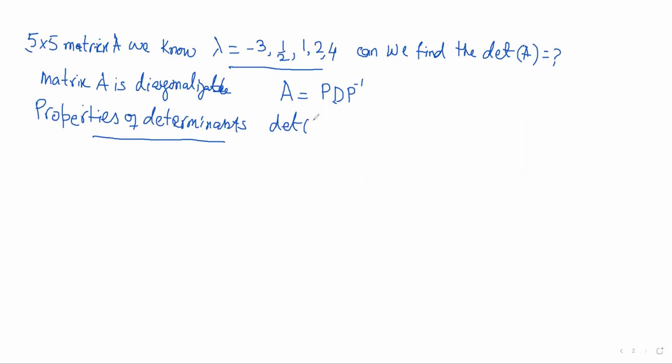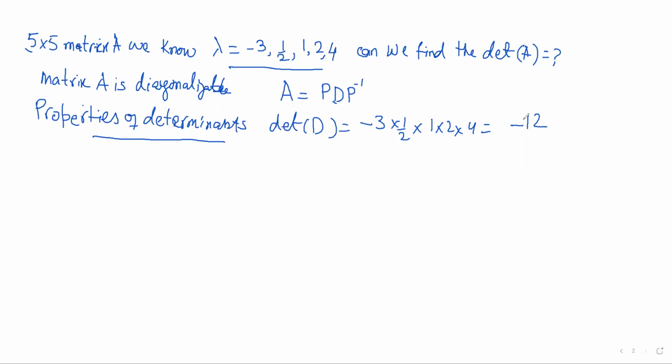So the determinant of D will be equal to minus 3 times 1/2 times 1 times 2 times 4, which is equal to, since 2 cancels this 2, minus 12.